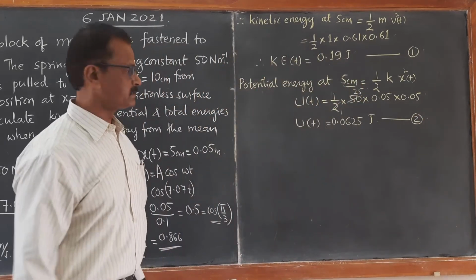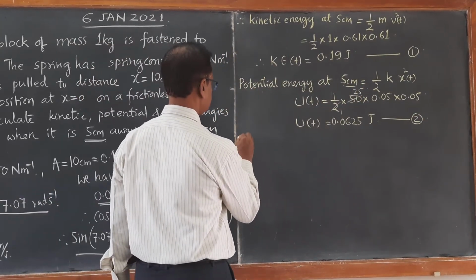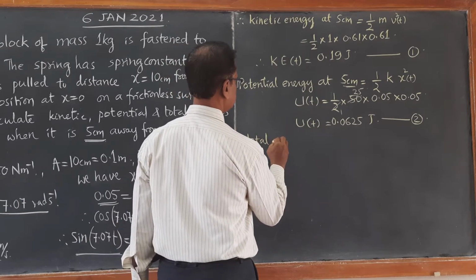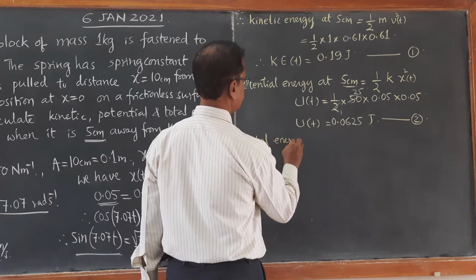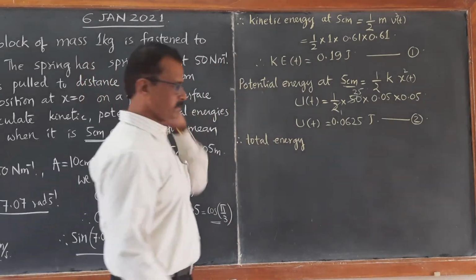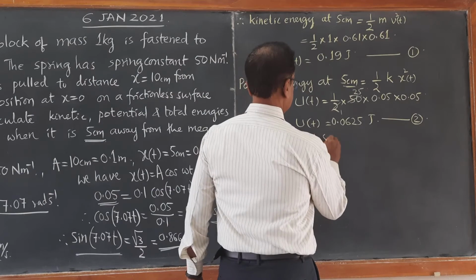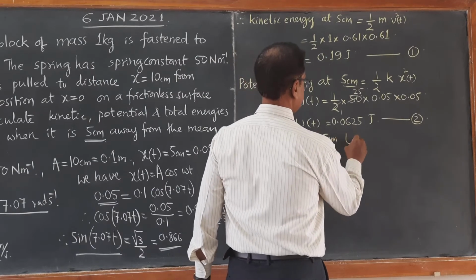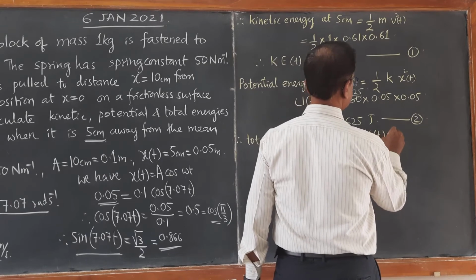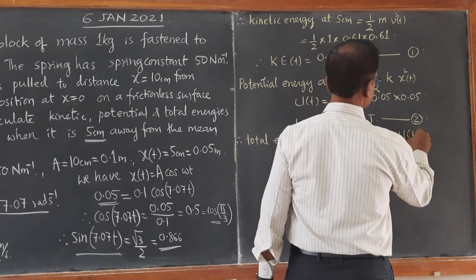Therefore, the total energy, that is the total mechanical energy of the oscillating spring at 5 centimeter, is E equal to kinetic energy at that time plus potential energy at that time.